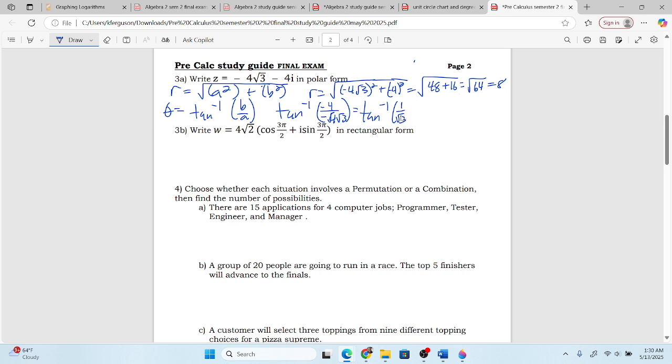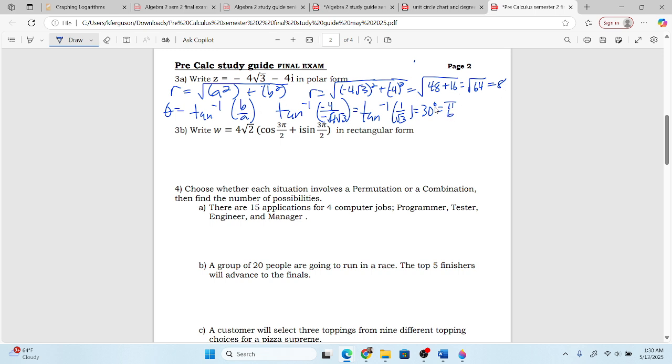Now, if you check your handy dandy chart, you'll see that 1 over the square root of 3 is 30 degrees. And then I want to change that to radians, so that's pi over 6.